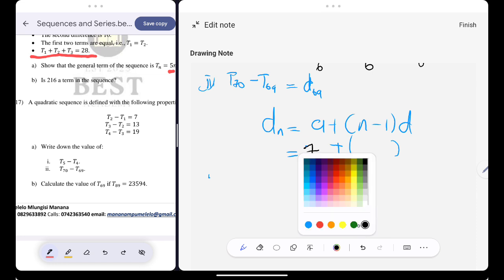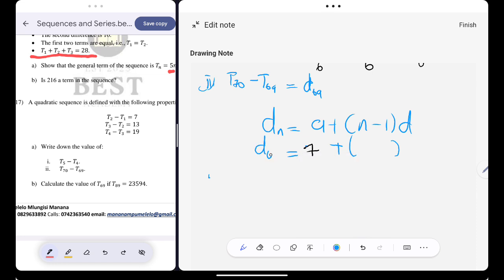We want to find term number 69. So whenever we see n, we'll just put 69. The difference is 6. So term number 69 of the first difference will be equal to 7 plus 69 minus 1 times 6, which is equal to 415.